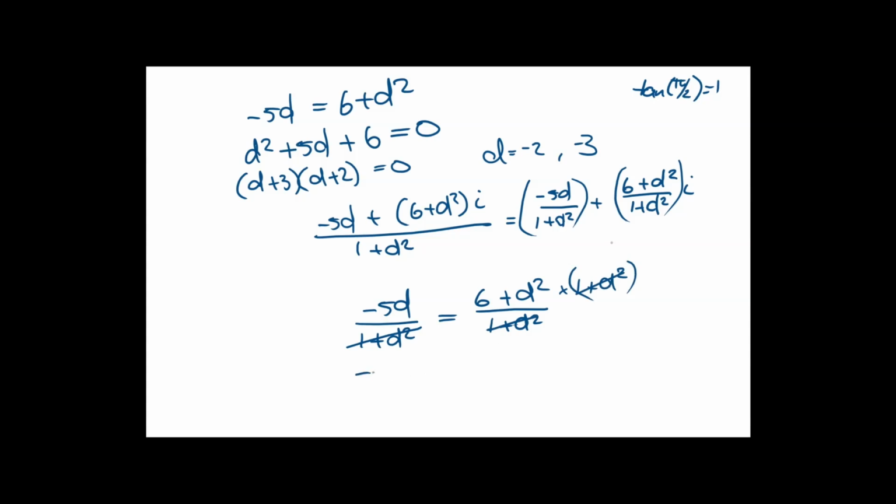So we're going to be left with minus 5d equals 6 plus d squared. Bringing this 5d over, I had 6 plus d squared plus 5d equals 0, and solve like a regular quadratic. Maybe that's a better explanation later. Either way, it's a really, really good question.